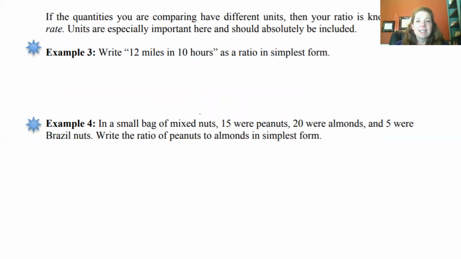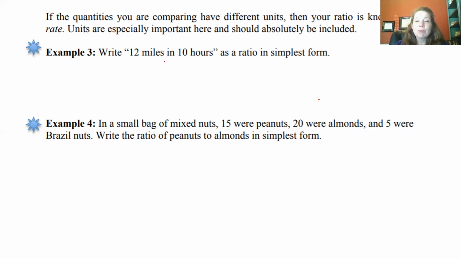All right. Now let's look at the second slide. It says if the quantities you are comparing have different units, then your ratio is known as a rate. Units are especially important here and should absolutely be included. It says to write 12 miles in 10 hours as a ratio in simplest form.